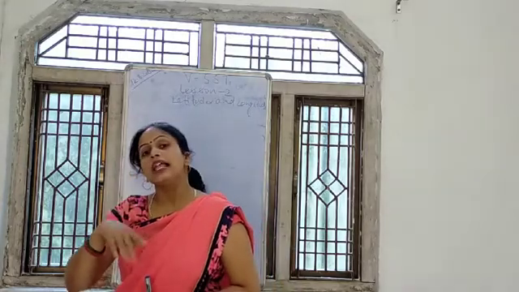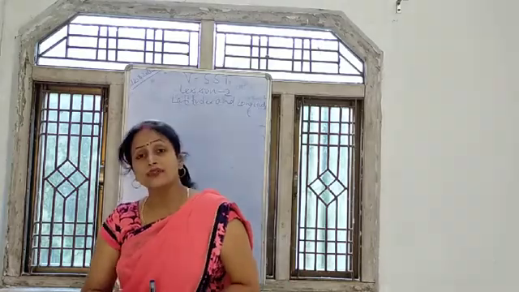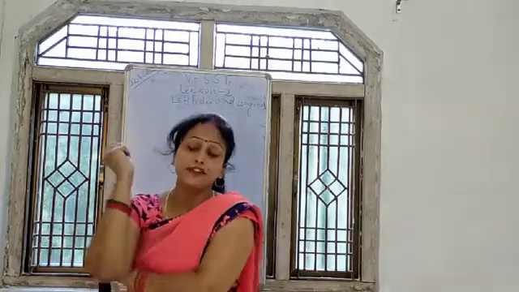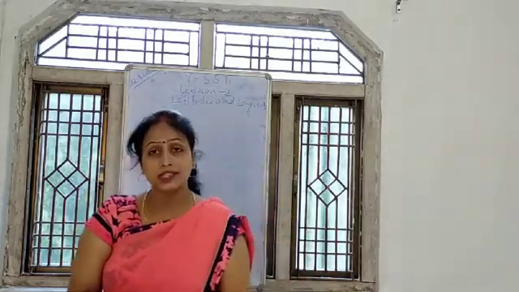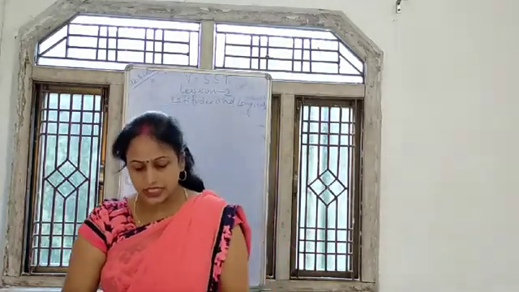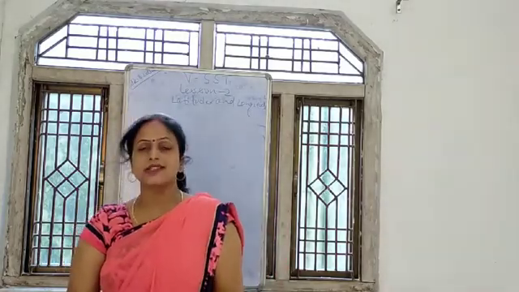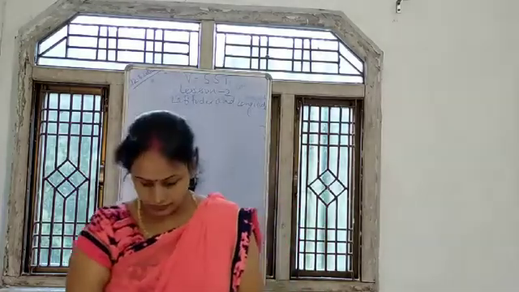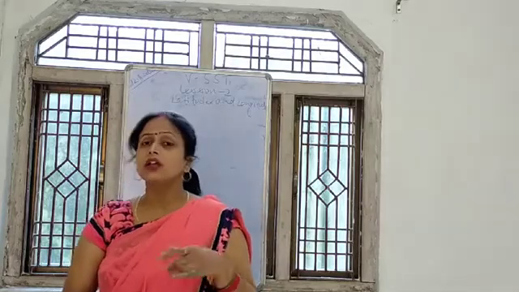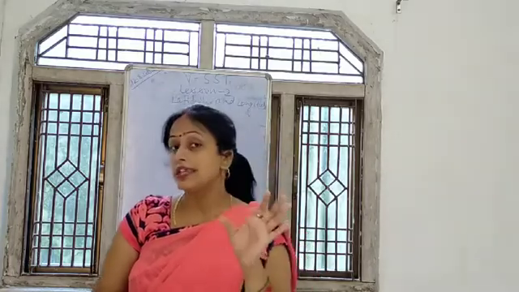And when we see the degrees, the Tropic of Cancer is 23.5 degree north, the Tropic of Capricorn 23.5 degree south, the Arctic Circle 66.5 degree north, and the Antarctic Circle 66.5 degree south. The equator is the largest latitude.